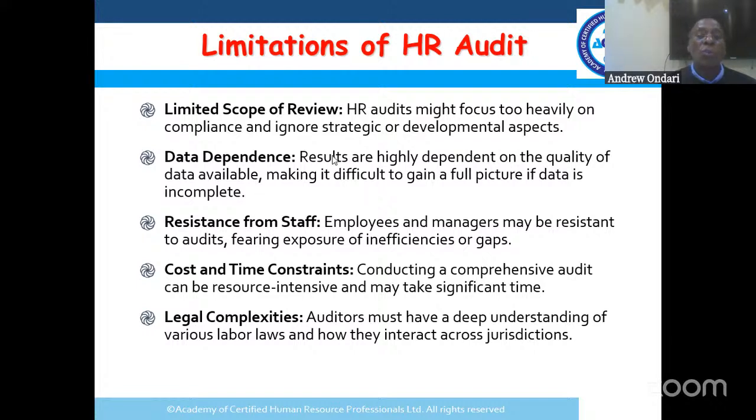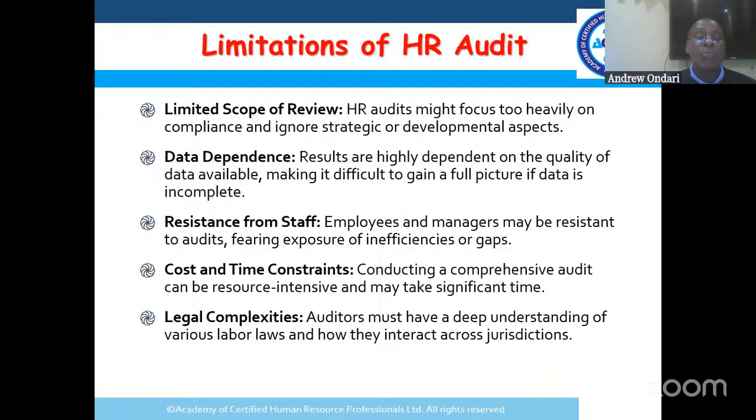Because what data is available in other departments may not be adequate to conduct the HR audits. And therefore, it becomes a bit difficult for HR managers when conducting this audit to gain a full picture of what is going on in other departments. For example, certain documents may be missing, others are incomplete, others have been lost.